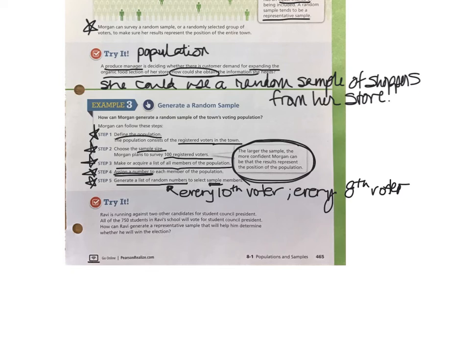So out of the 750 students in Ravi's school, Ravi will need to make sure that he generates a list of all the grade levels so that he represents students in each grade that can vote. He needs to make sure he includes both male and female students.